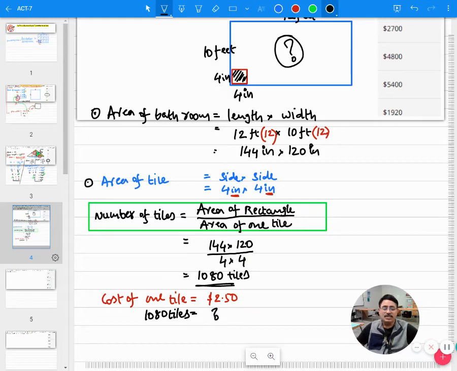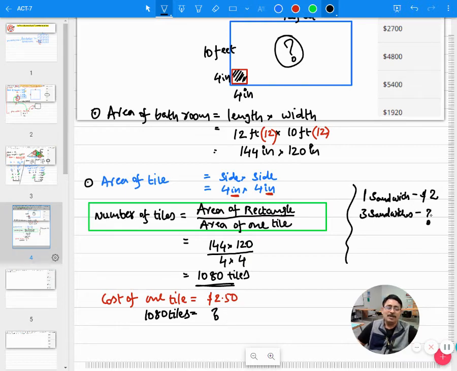Just now I have given you a simple example. Let's say that the cost of maybe one sandwich is $2. What is the cost of three sandwiches? It's a simple calculation. You may say that $6. So how did you get 6? 3 is multiplied by 2.